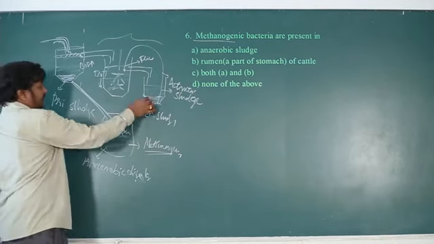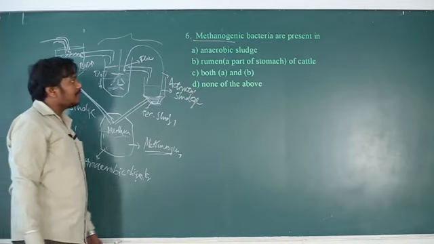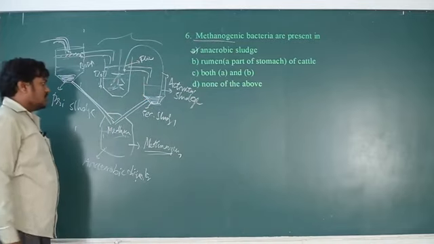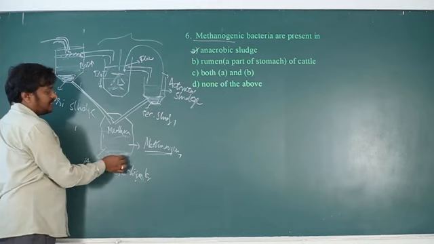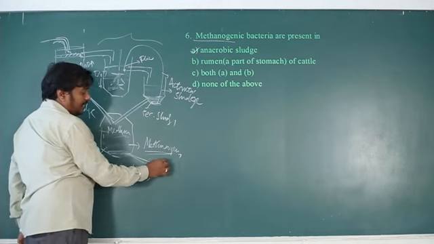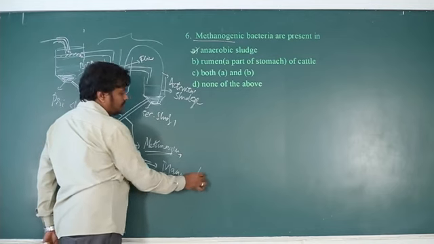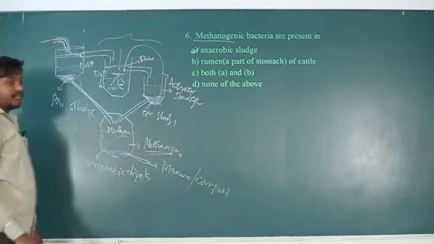So the primary and secondary sludge are pumped into one tank called the anaerobic digester. So methanogens are present in anaerobic digestion or anaerobic sludge. At the bottom, finally, after the gas is produced, the sludge settles and can be taken out. It can be used as manure, or as compost as well, after drying it.